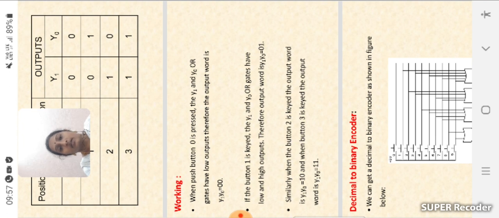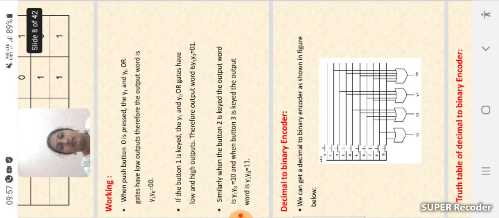When the push button switch 0 is pressed, then Y1 and Y0 gates have low outputs. Therefore, the output word is 0 0. If button 1 is keyed, meaning pressed, the Y1 and Y0 gates have low and high outputs. Therefore, the output word Y1 Y0 is 0 1.